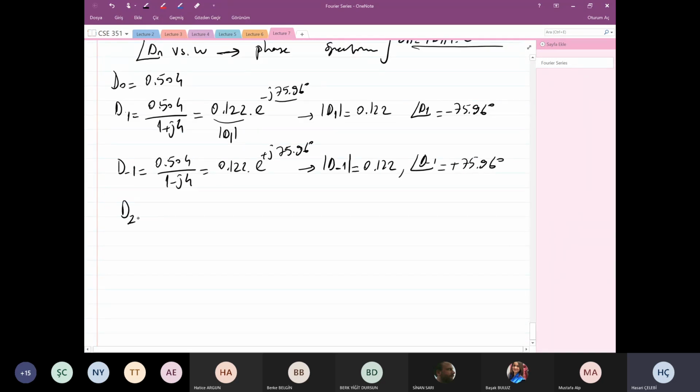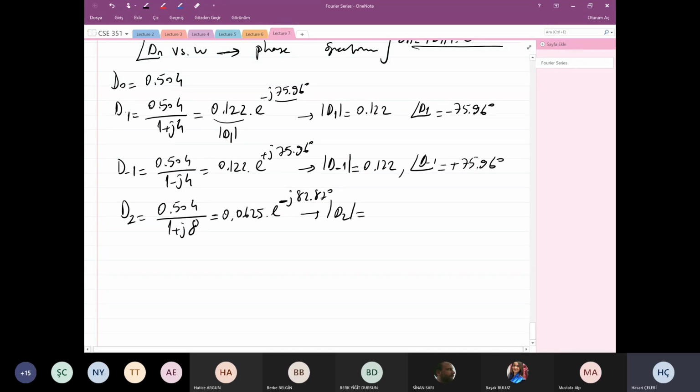Similarly, let's do for D2, which is equal to 1 over 1 plus j8, which is equal to 0.0625 times exponential j 82.87.